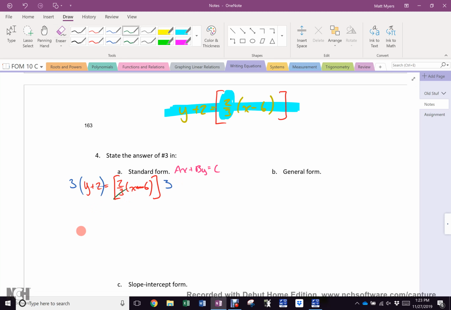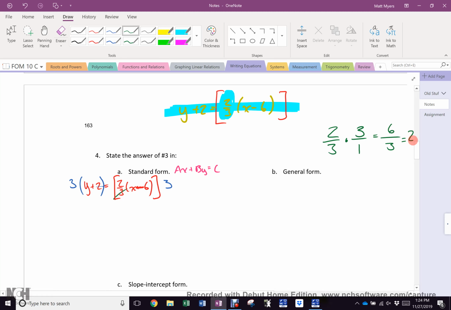Dividing and multiplying are completely opposite. So if I have 2 divided by 3, and I multiply it by 3, that's 3 over 1, right? 2 times 3 is 6. 3 times 1 is 3. 6 divided by 3 is 2 times 3 is 6.